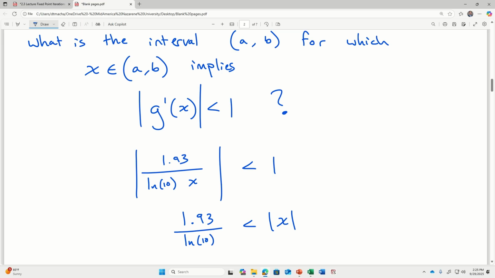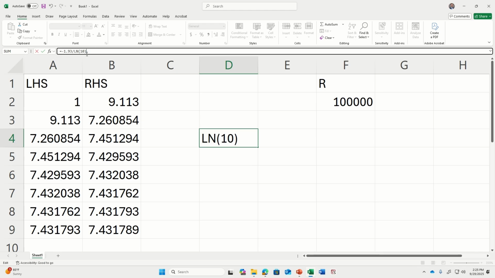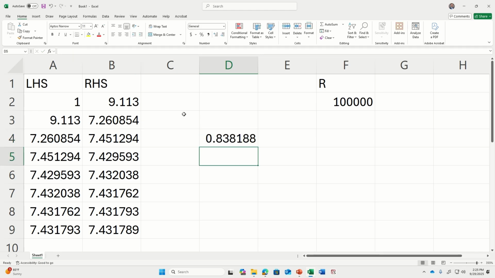And this tells me that the absolute value of x has to be greater than 1.93 divided by natural log of 10. 1.93 divided by natural log of 10 is 0.838.